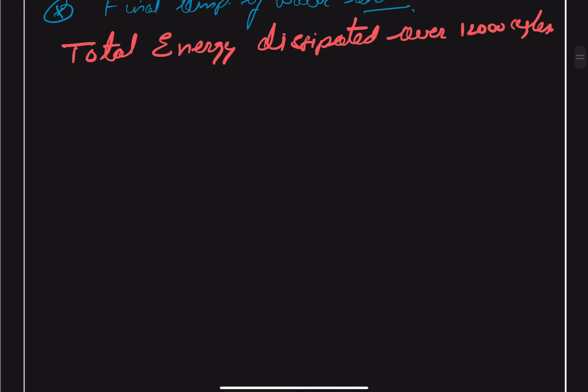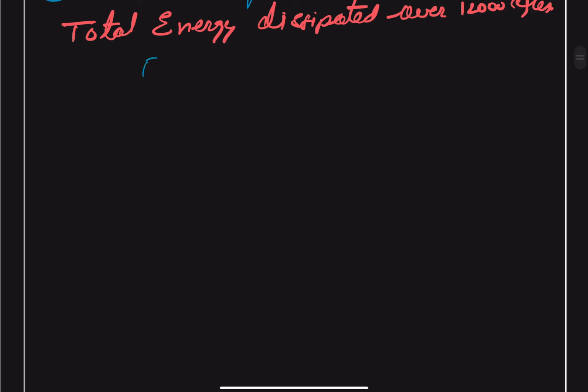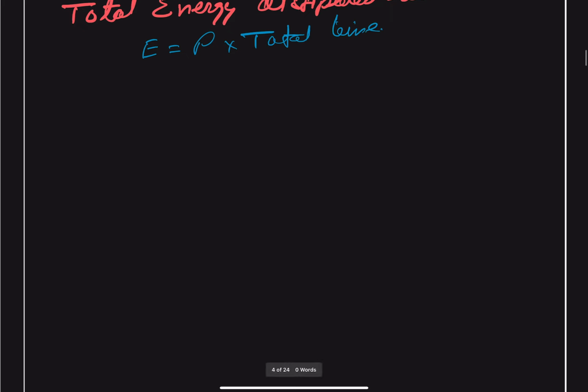We can write the formula that total energy E is power multiplied by total time, and total time will be equal to the duration of one complete cycle, from 0 to 0.2, and then from 0.2 to 0.4. So the total cycle is from 0 to 0.4.